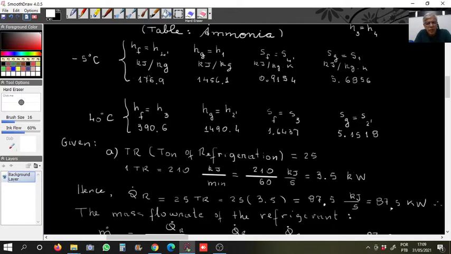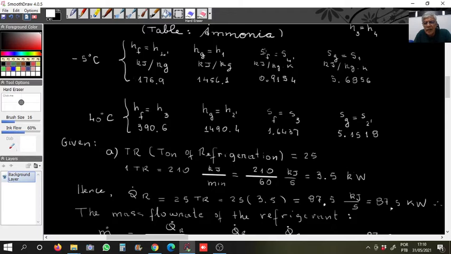The value of the enthalpy at state 4 prime is 176.9 kilojoules per kilogram. Likewise, on the other side, when there is only gas, the H sub G is equal to H1, in kilojoules per kilogram, is 1456.1.